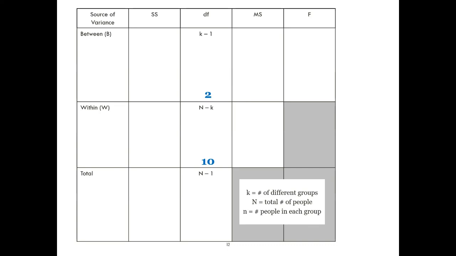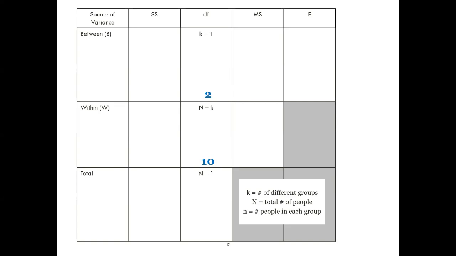We have 3 different groups: the control, the play money group, and the money prime group. So 3 minus 1 is 2. We have 13 data points in this data set, so we take n minus k for our within subjects degrees of freedom. 13 minus 3 gives us 10.